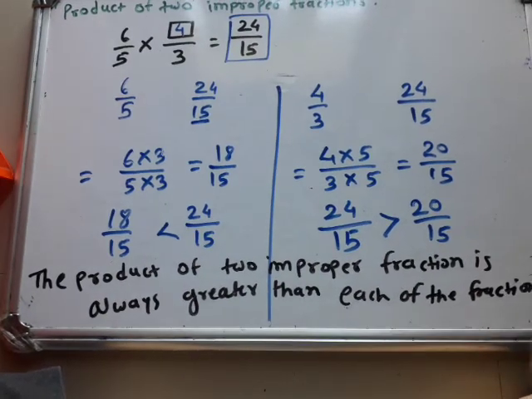Okay, remember this. The product of two improper fractions is always greater than each of the fractions, and the product of two proper fractions is always less than each of the fractions.